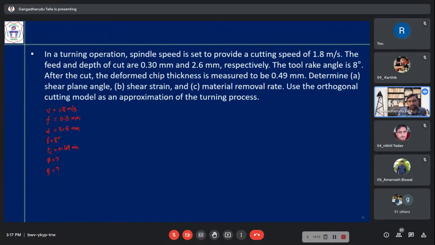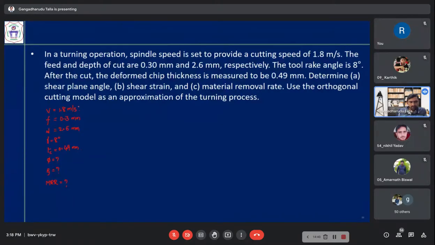Now this is zeta. Now the third one is material removal rate, MRR. Use orthogonal cutting model as an approximation of the turning process. So this is orthogonal turning process. That's it. So we can apply the formulas that we have learned in Merchant theory.